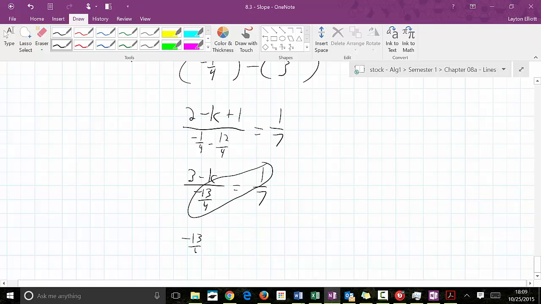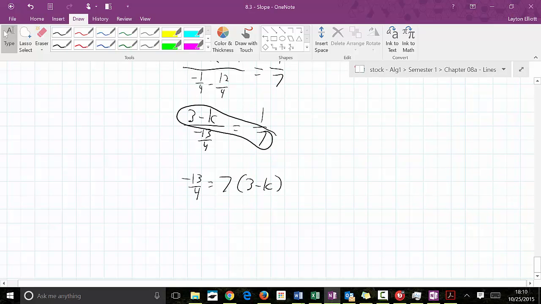Negative 13/4 equals, and then 7 times (3 minus k). But I'm definitely going to want to multiply by an LCD of 4 here. And if I do that, then on the left side and the right side, multiply by 4, I get negative 13 equals 28 times the quantity 3 minus k.